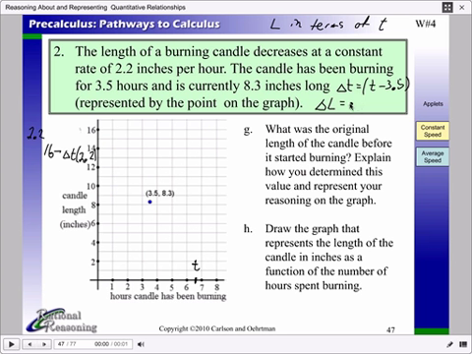For any given change in time, the candle goes down by 2.2 times that change in time. If you multiply that out, you get L is minus 2.2t plus 7.7.